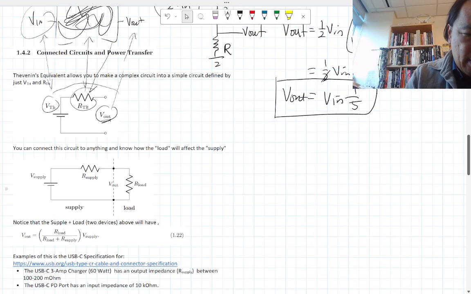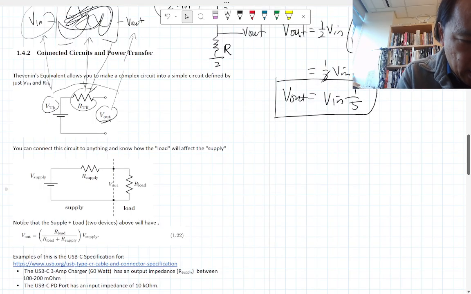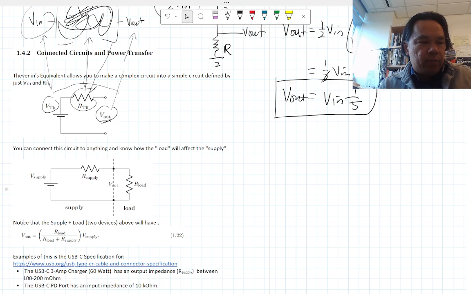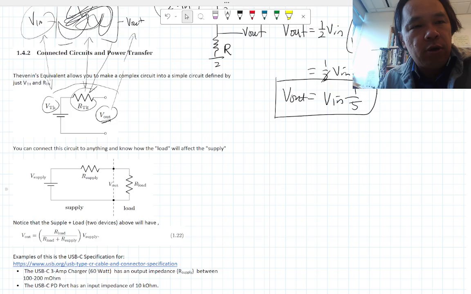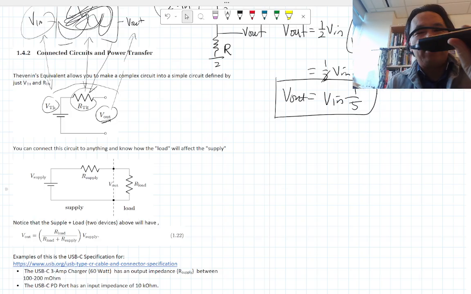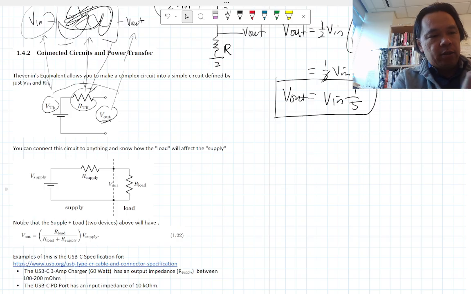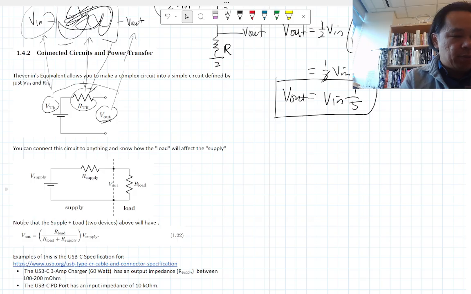This is how people actually connect different devices together. For example, when you connect your power charger into your laptop, this power charger has some voltage input, some voltage output, and some Thevenin's resistance in the case of DC.